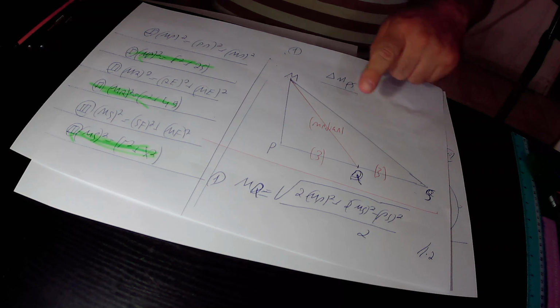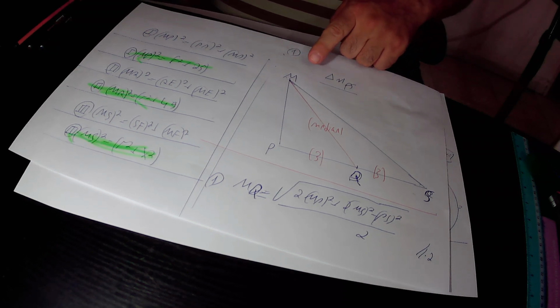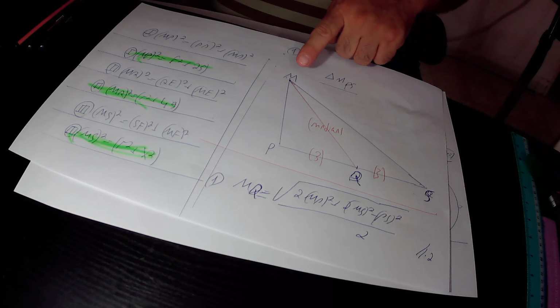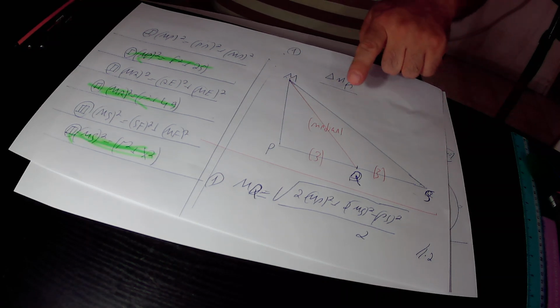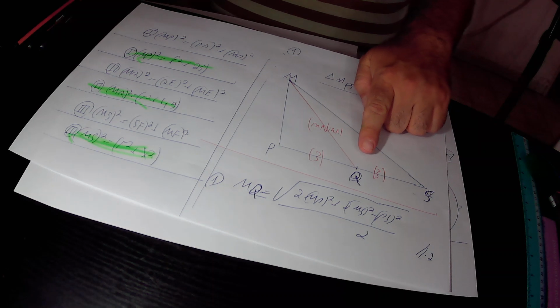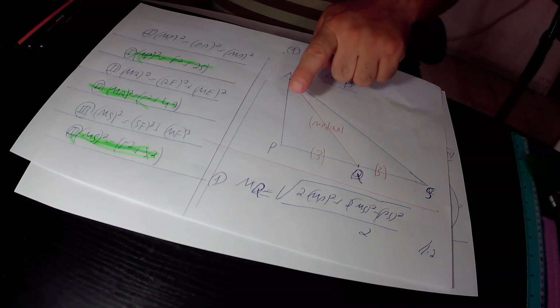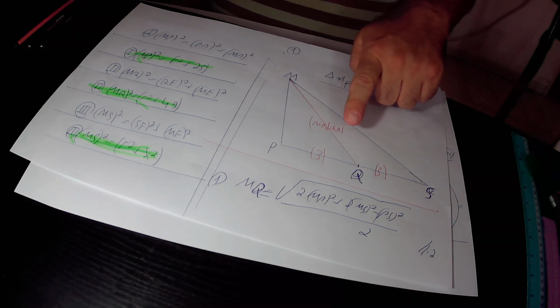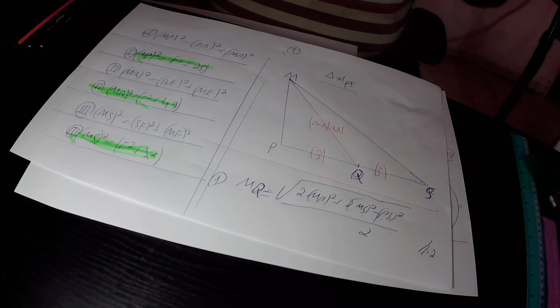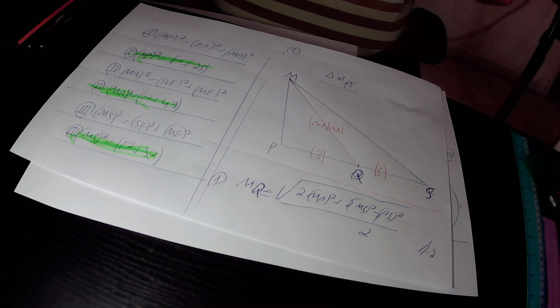Line segment MQ starts from the vertex M and ends at the opposite side of this vertex M, that is PS. And it ends at point Q. Actually, it divides the opposite side PS into 2 halves. The first half is PQ, that is equal to 3 units, and the second half is QS, that is also equal to 3 units in its length.